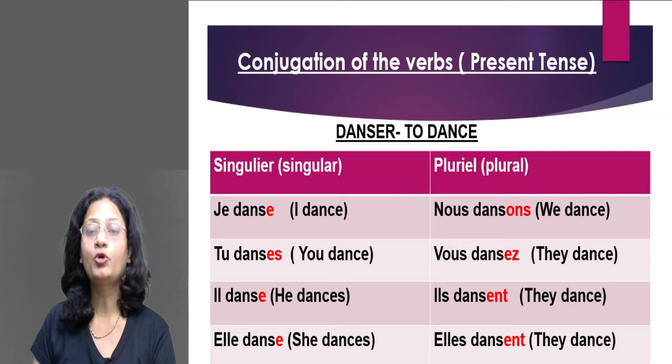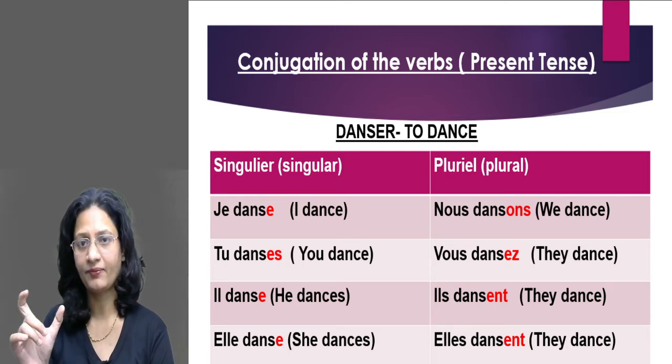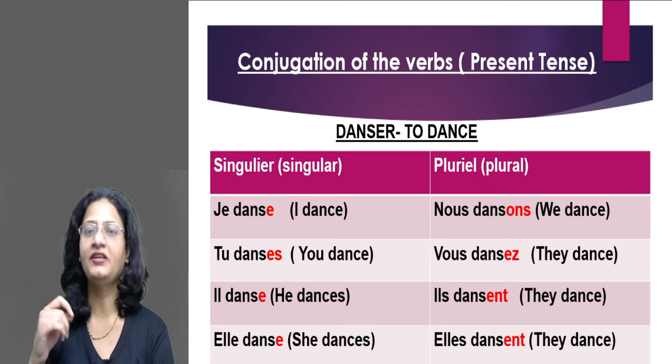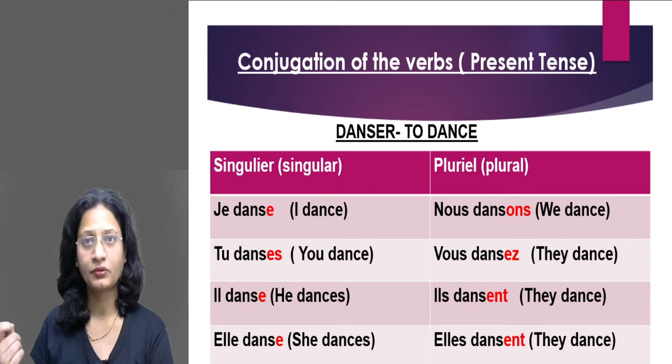Now let's go to another verb, danser. Danser, to dance. Again remove the ER, take the root DANS, and add E for je danse. ES for tu danses.